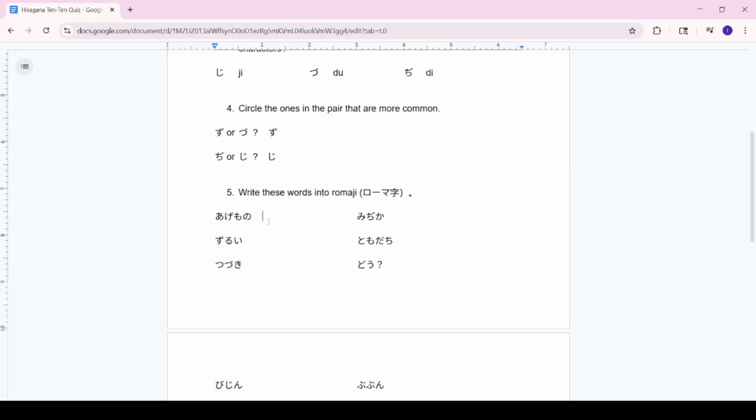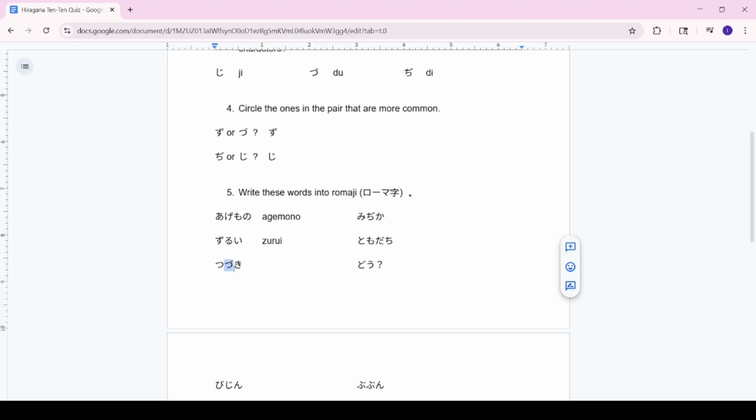Alright, so this is agemono. That means fried foods. So this one here is zurui. It means sly or cunning. Here's one where we use the less common symbol.